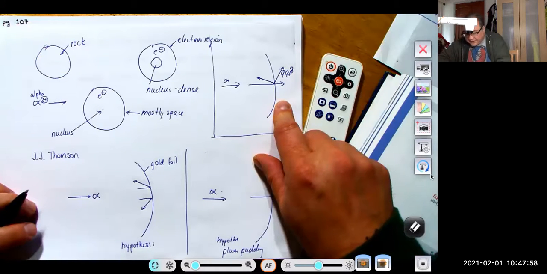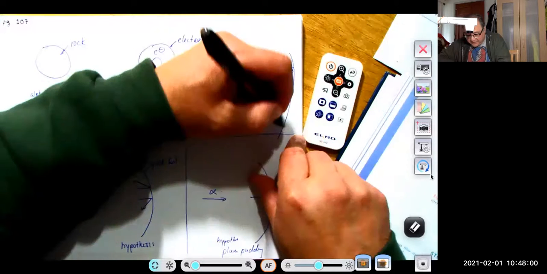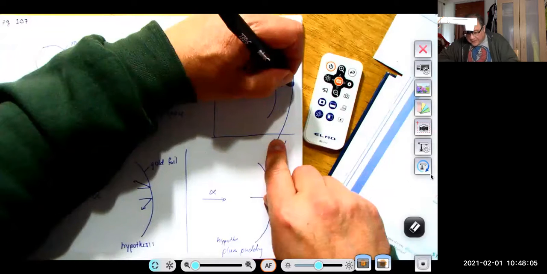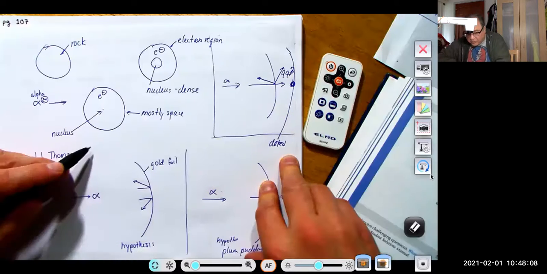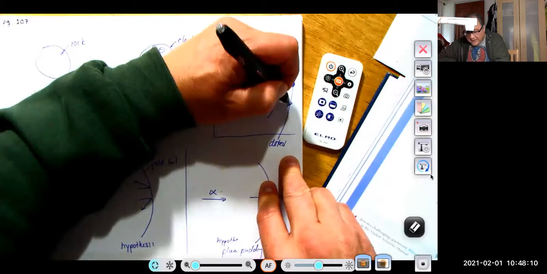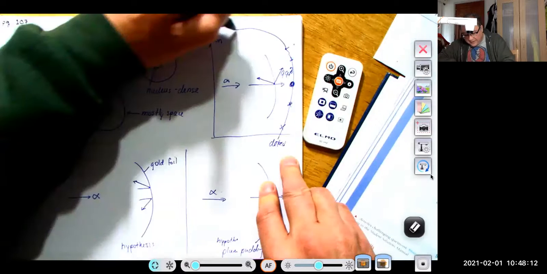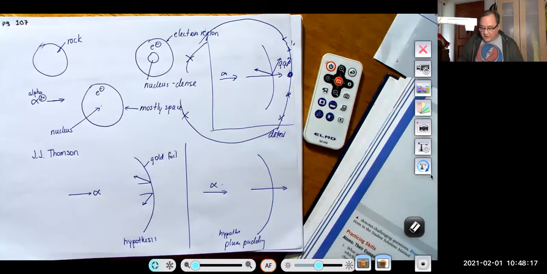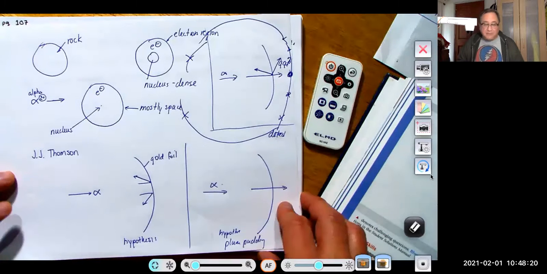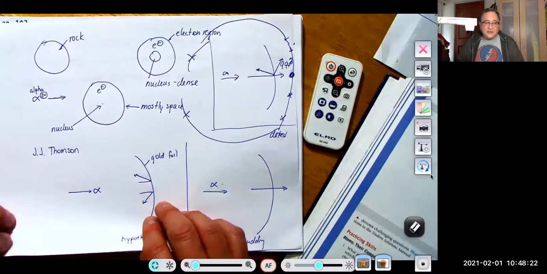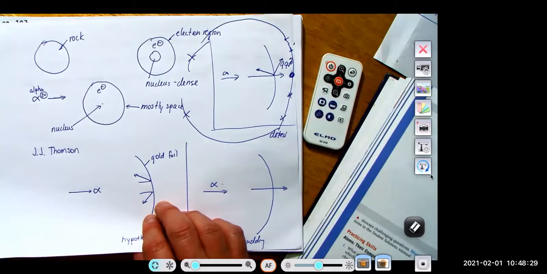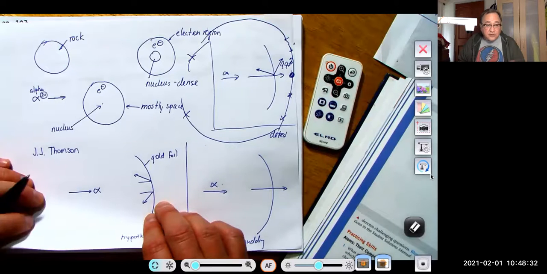So if this is the detection screen right here, most of your particles landed right there, but they quickly found out that some particles were landing here and here, and they extended the screen around, and they found out that some particles were bouncing back. And they're like, how the heck do most of them go straight through and some bounce back? And the answer is, well, atoms are mostly space. That's why most of them go through, except the one, some that hit the nucleus. And some bounce back because they're hitting the nucleus.